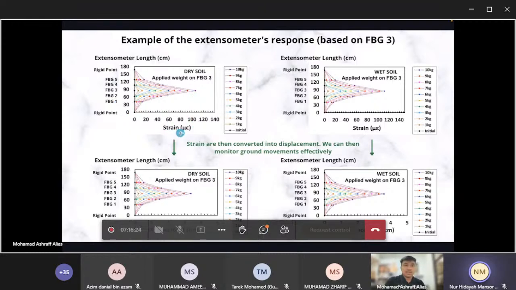From the values I have obtained, I did some mathematical calculations and converted the strain values into displacement, and the displacement of FBG3 is the highest compared to the other FBGs.